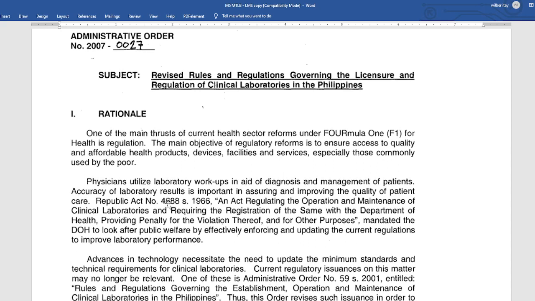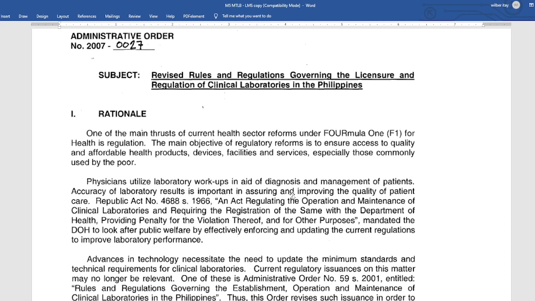Therefore, accurate or reliable test results must be given, for them to be able to give reliable diagnosis as well as management. So with this, there was RA number 4688 series of 1966, which was made to ensure and improve the quality of patient care.